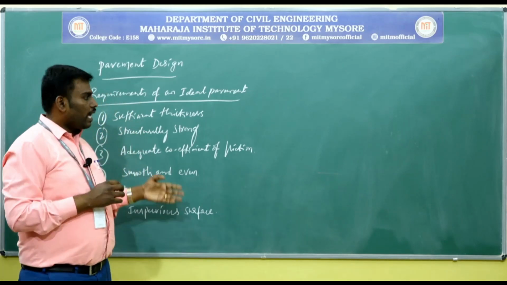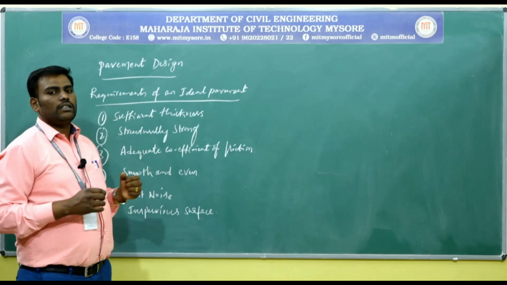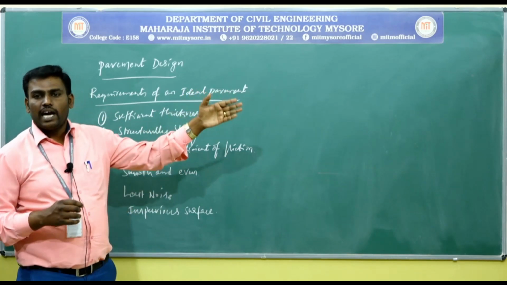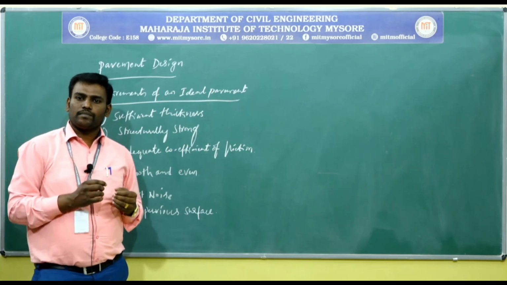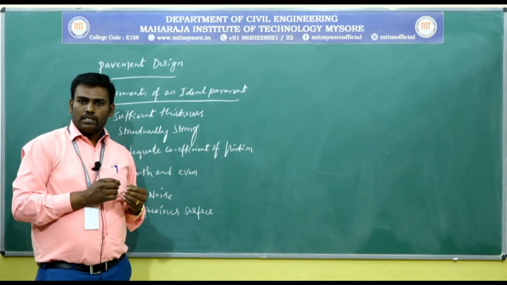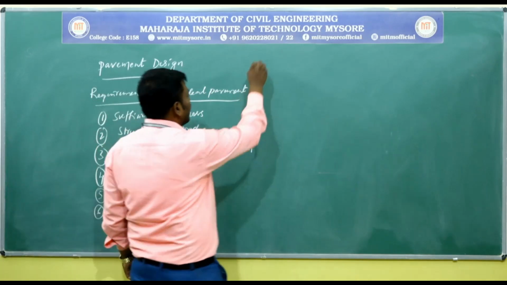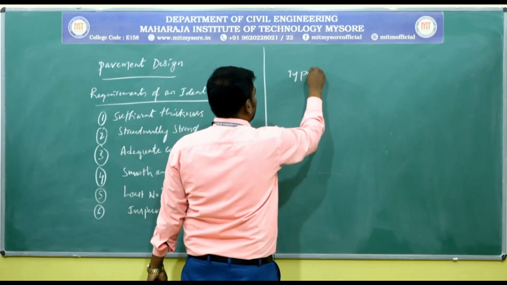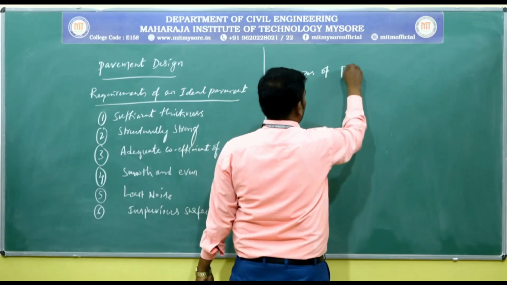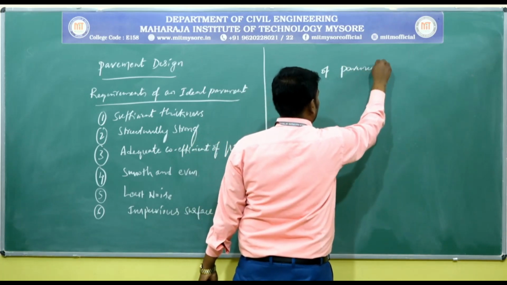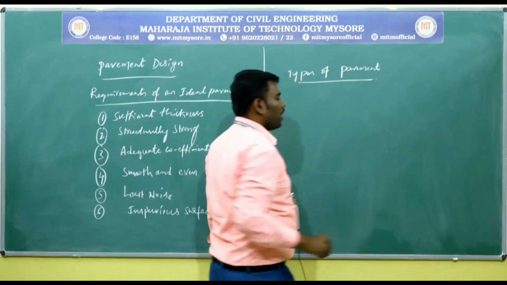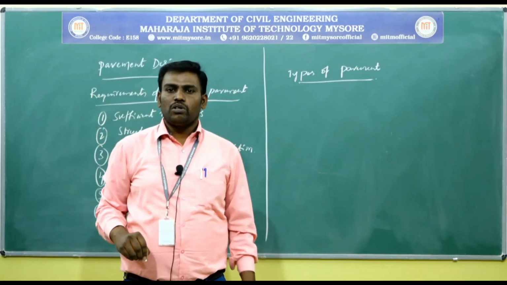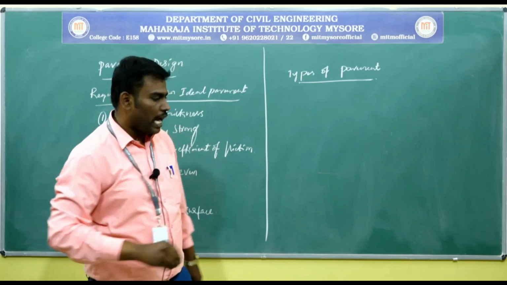Is it clear? This is regarding the requirements of an ideal pavement. The next is types of pavement. Basically, based on the structural performance of the pavements, we are going to classify the pavement into two types.